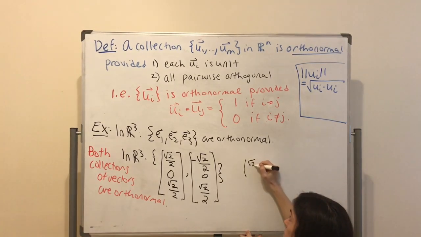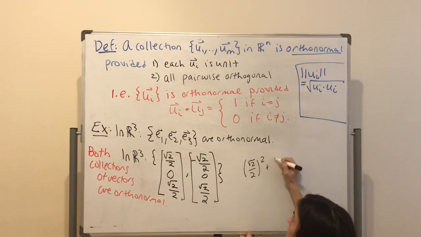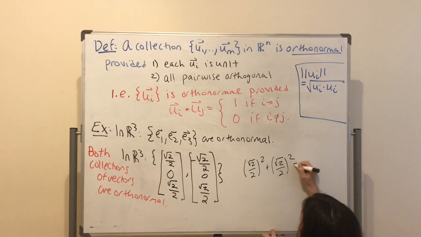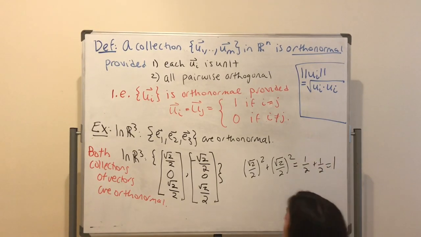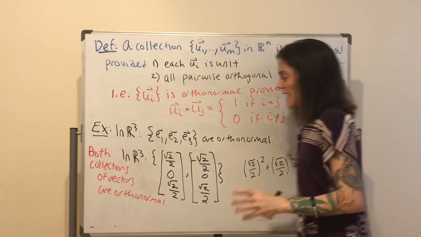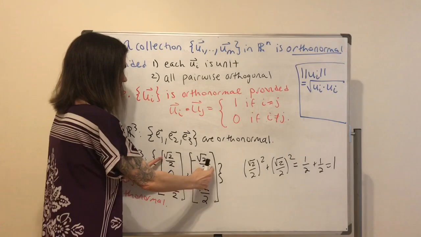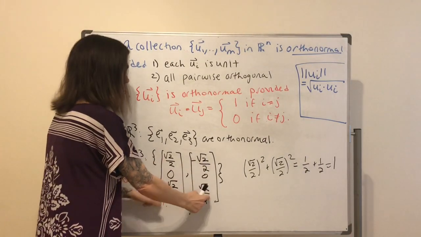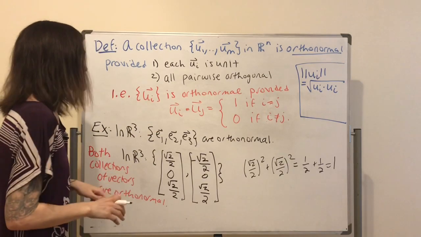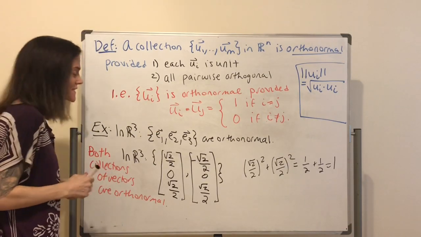You take the square root of 2 over 2 squared plus the square root of 2 over 2 squared, which is, even though this is a minus, this would be what you'd calculate for both. This is a half plus a half, which is 1, right? So this says that both of these are unit. And then you can also see here you get negative and positive of the same thing. So they are also orthogonal. So here are 2 collections of orthonormal vectors in R3.